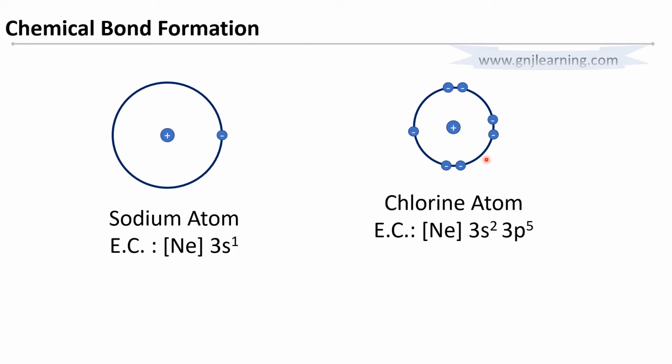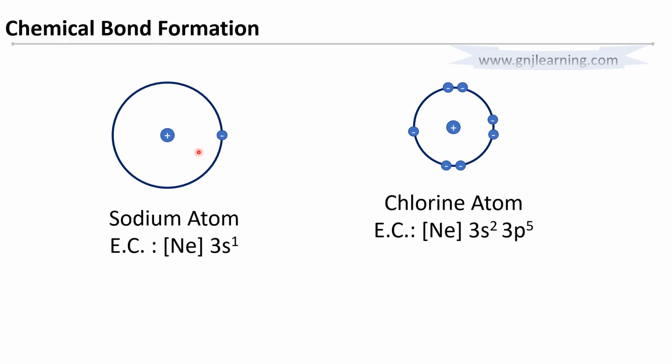If you look at the Kössel-Lewis approach, both sodium and chlorine do not have octet and they are not stable. So how to attain this stability? Sodium, if it loses this s1 electron, will get the configuration of neon, which is a noble gas, and therefore it will have an octet.